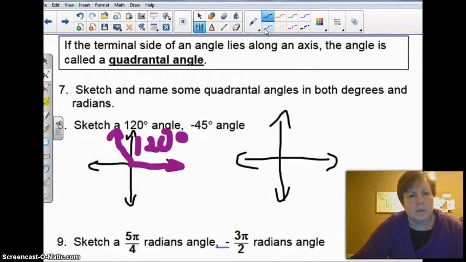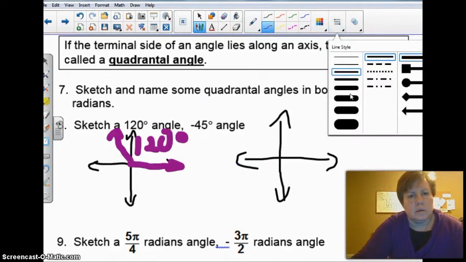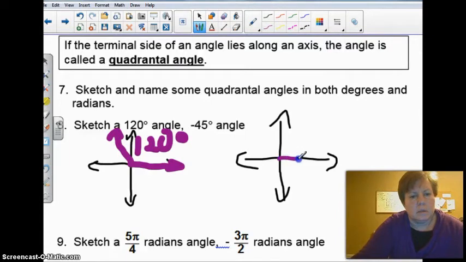So again, we're going to start here at the origin. There's our initial side. And then we're going clockwise, so we're coming this direction, and we're going 45 degrees. Well, since each quadrant's 90 degrees, we're going to go halfway, which is 45. So that's negative 45 degrees.